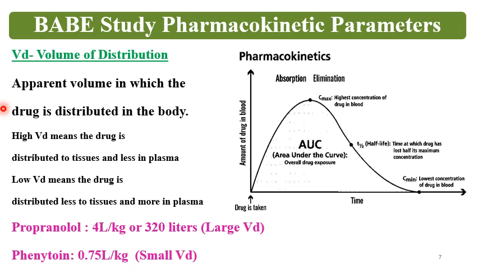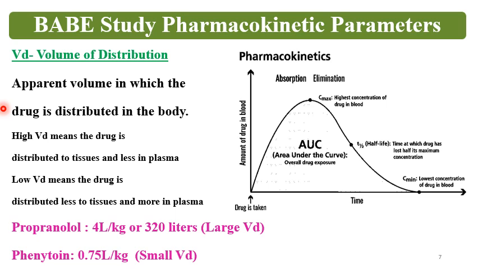If the drug got absorbed into the body, it is in the blood and that drug is moving with the blood throughout the body. If that drug is getting stuck or binding to protein or entering the fatty tissues or organs and is not coming into the blood, then it will be there for a longer time and it will not be available in the plasma.